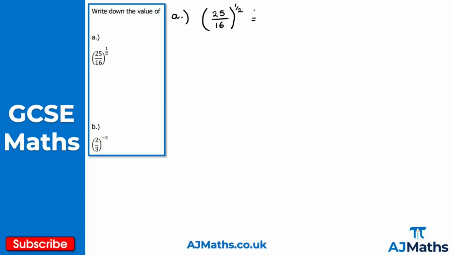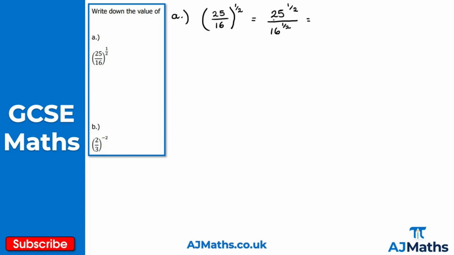Rather than having this full fraction to this power, I can write this as 25 to the power of a half, divided by my denominator to this power as well, so 16 to the power of a half. From here, just apply our rules for fractional powers. The denominator tells us what root we're taking.